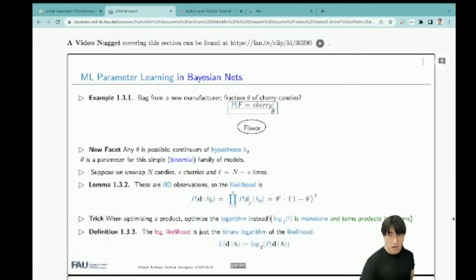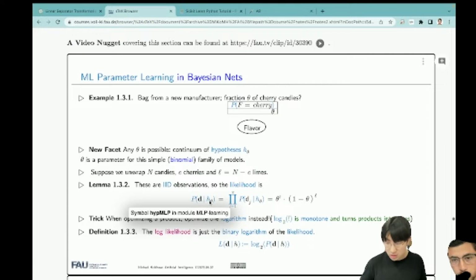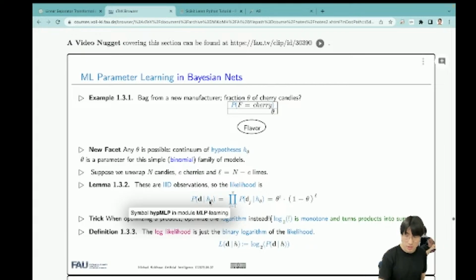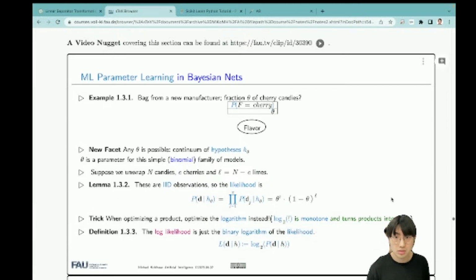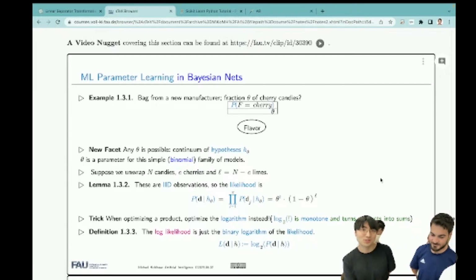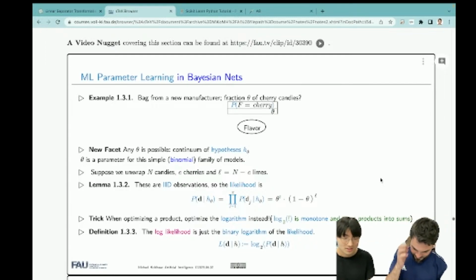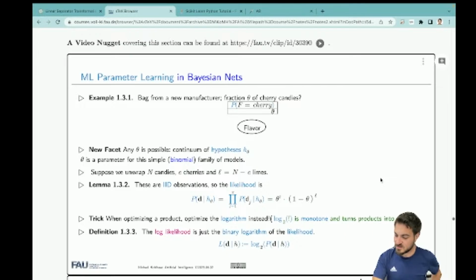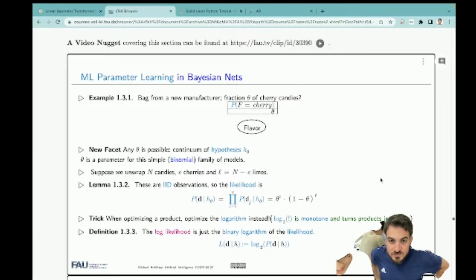This is our hypothesis, our model. Here we have just one parameter, but we have 5 parameters. So this is the formula. We are 100% right. Good job.